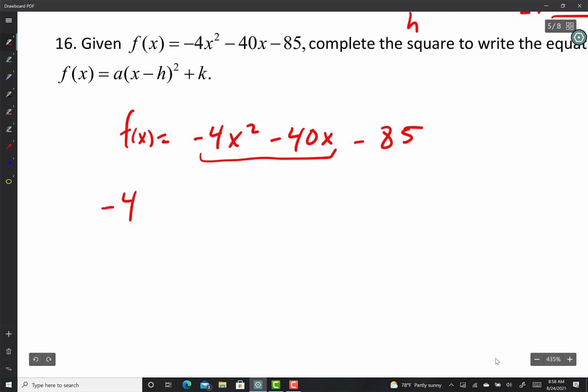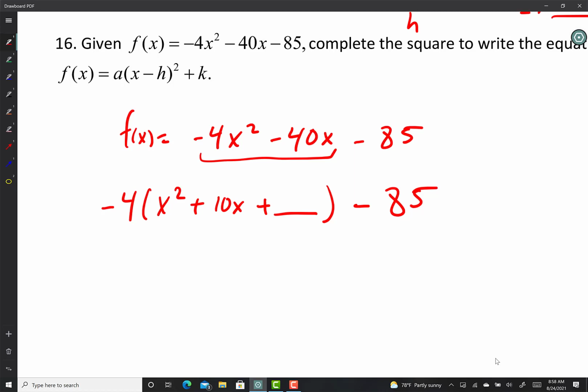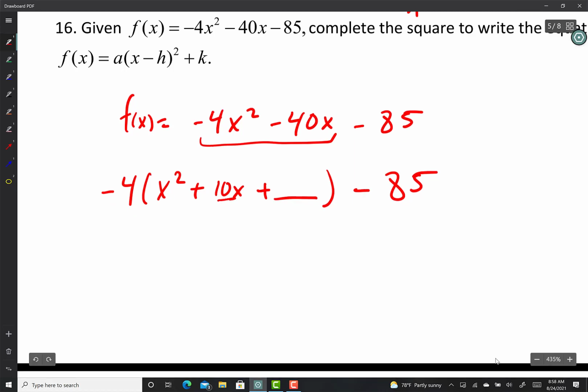Factor out a negative 4 from the first two. Perfect. X squared plus, what's that, 10x, plus a third blank. We haven't done anything yet. So 10 divided by 2. You guys are going, you skipped a step.